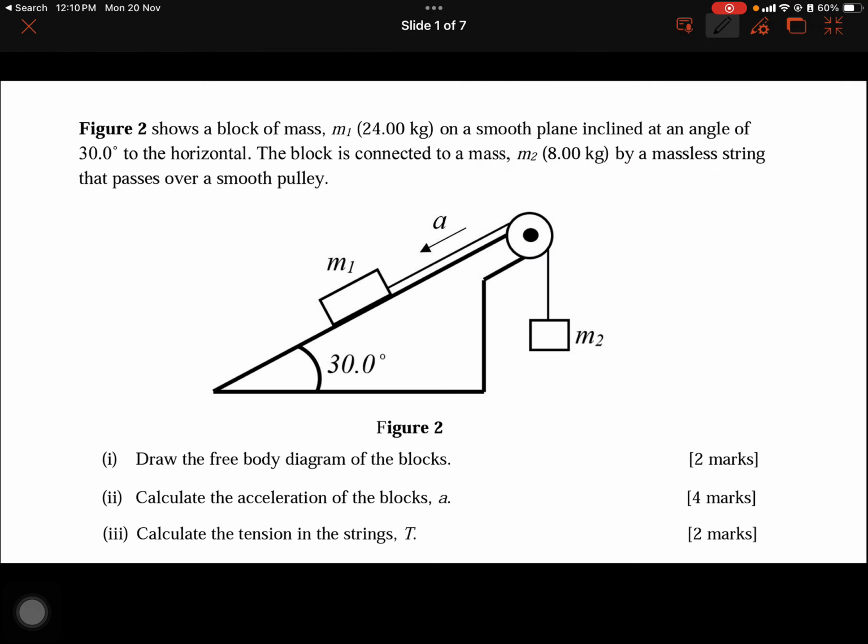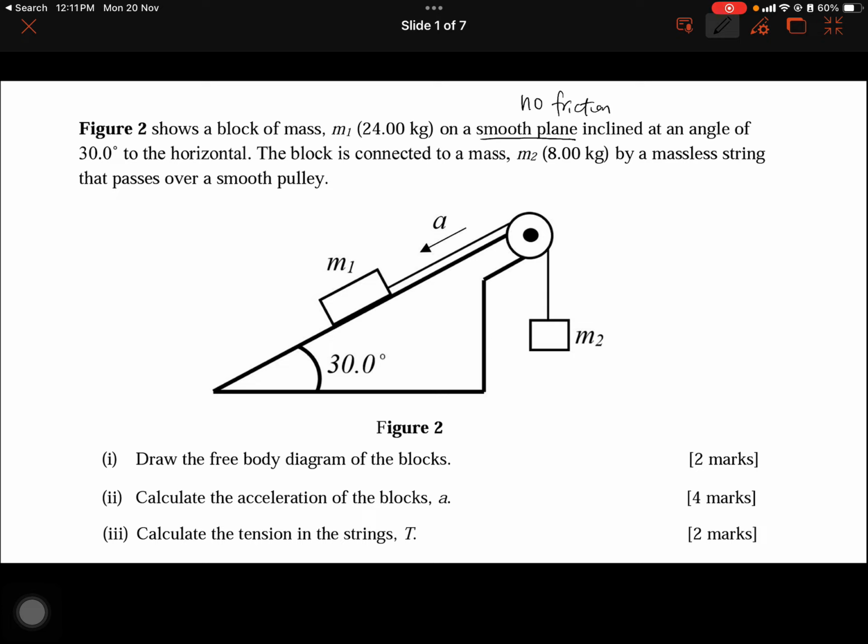We have first of all mass 1. So this is mass 1, 24 kilogram. And then we have mass 2 here, which is 8 kilogram, hanging here. Mass 1 is on an inclined plane, and it is a smooth inclined plane, meaning there is no friction, so there is not going to be any frictional force.